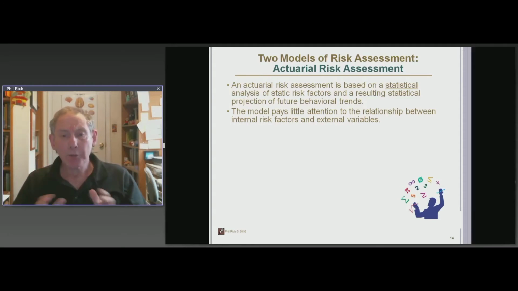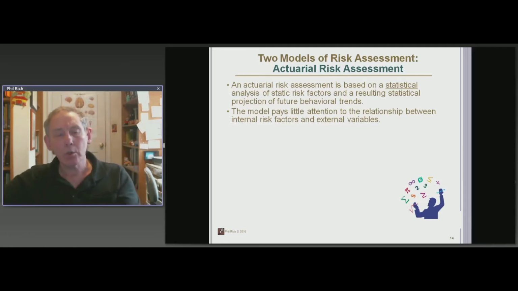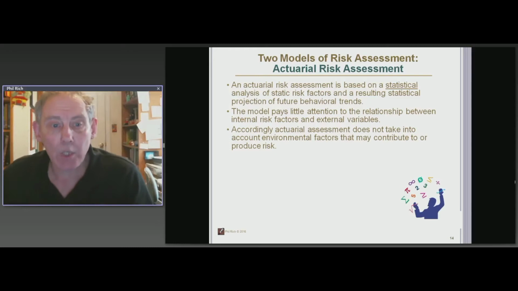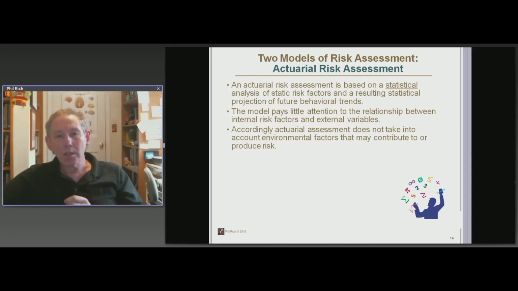The model doesn't pay much attention to who you are or the relationship between you and external variables. It just looks at really these internal risk factors that belong to you, your age in this particular case. It doesn't take into account any kind of environmental factors that might either contribute to risk or produce risk or even lower risk.